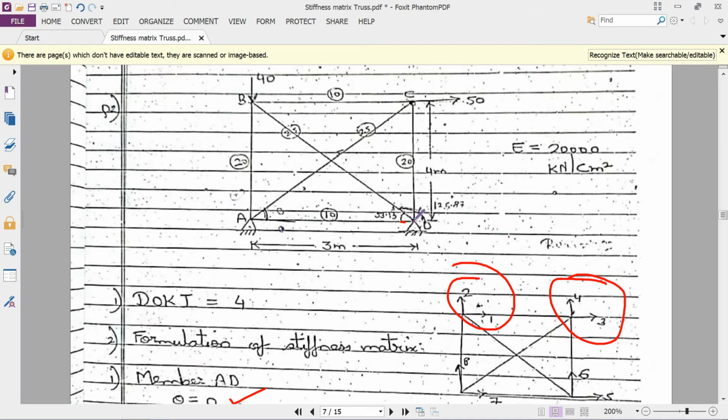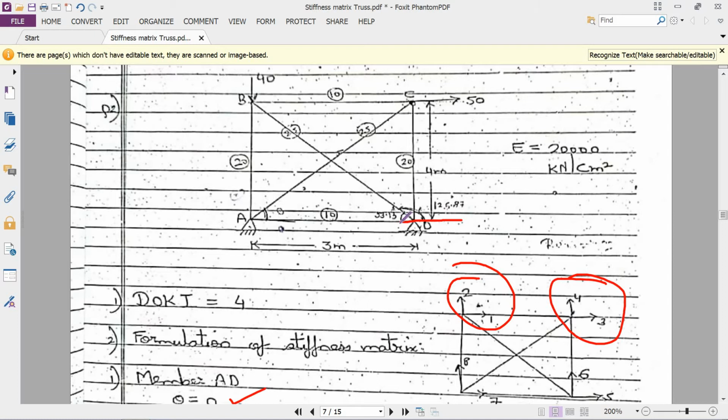But always remember we have to calculate the angle measured with respect to horizontal, and it will be measured in the anti-clockwise direction. So we will not consider the angle 53.13 for DB, because 53.13 is a clockwise angle with respect to horizontal.